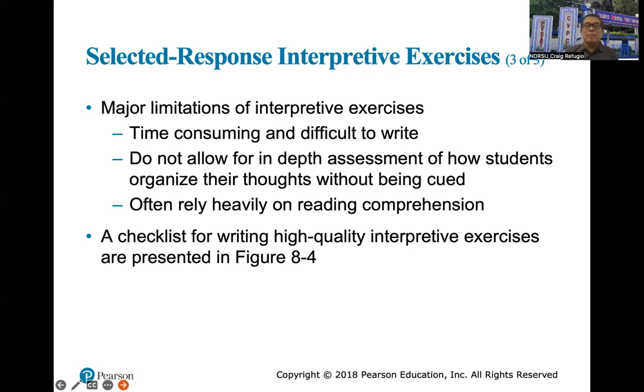They often rely heavily on reading comprehension. So this would test the reading comprehension of the learners, thereby addressing the second stage of the cognitive domain in the revised version or even in the old version, the understanding or comprehension level.